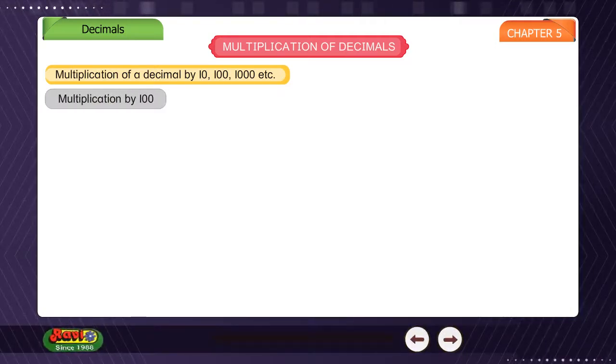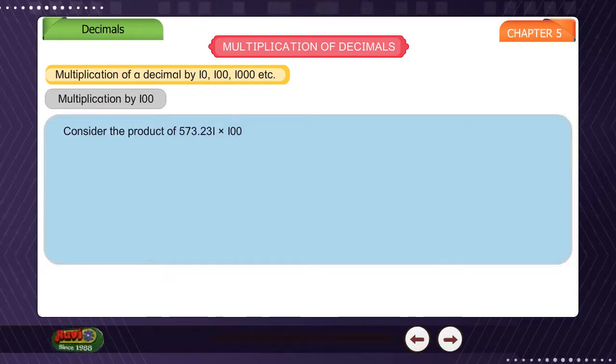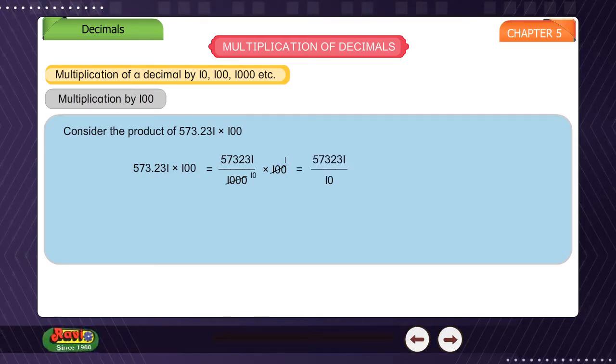Multiplication by 100. Consider the product of 573.231 into 100. 573.231 into 100 is equal to 5,73,231 by 1000 into 100 is equal to 5,73,231 by 10 is equal to 57,323.1.